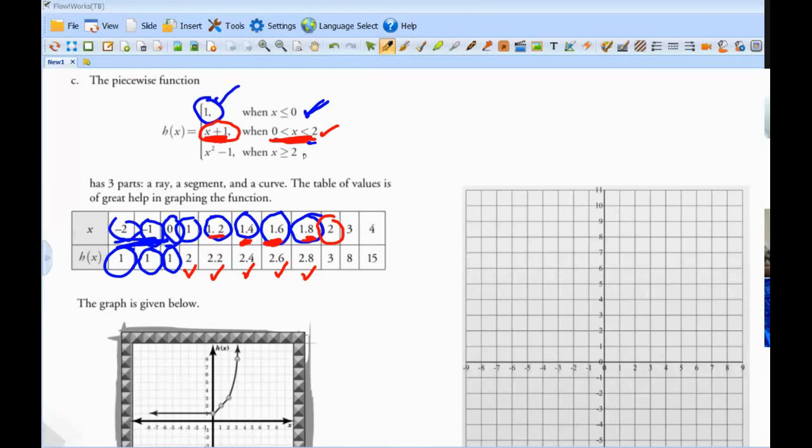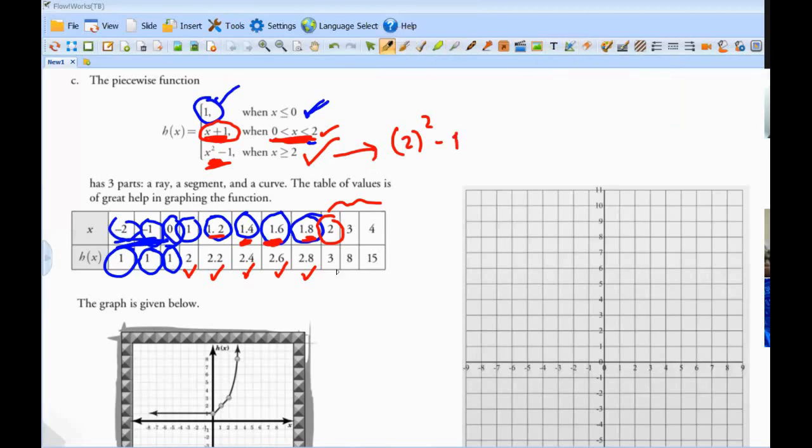So we now use this equation because our graph is for x greater than or equal to 2. What are the numbers greater than or equal to 2? 2, 3, 4, 5, 6, 7, 8. So if we use 2, 3, and 4, we use this form. If you give 2, what is 2 squared minus 1?